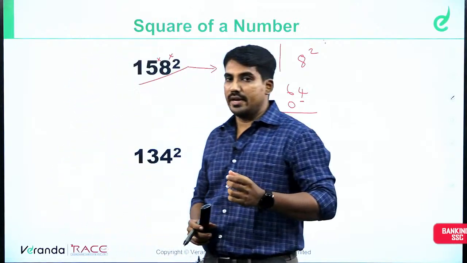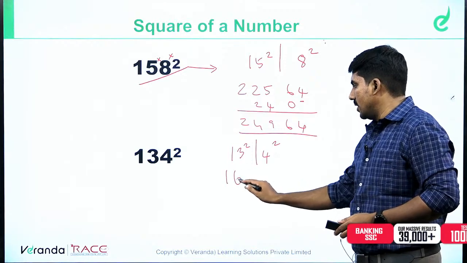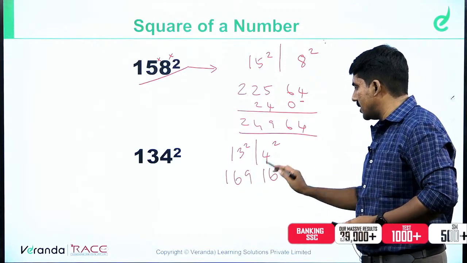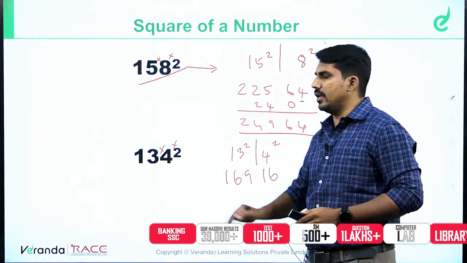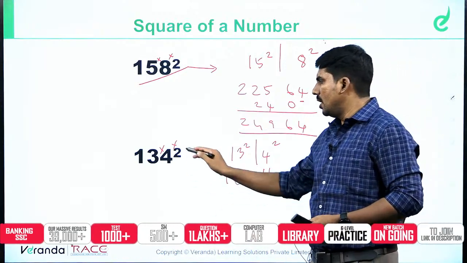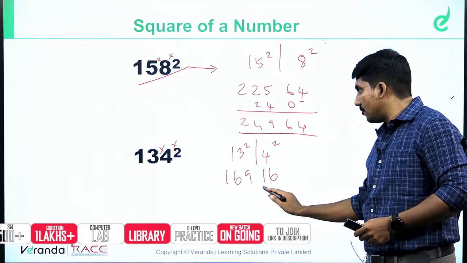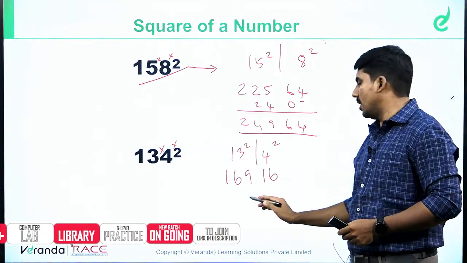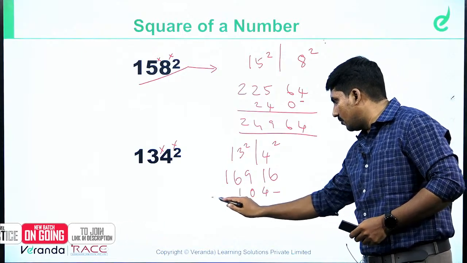Good, Sherin, right answer. Now 13 square is 169. 4 square is 16. Now multiply everything: 13 into 4 into 2. 13 into 4 is 52. 52 into 2 is 104. Leave the last digit.